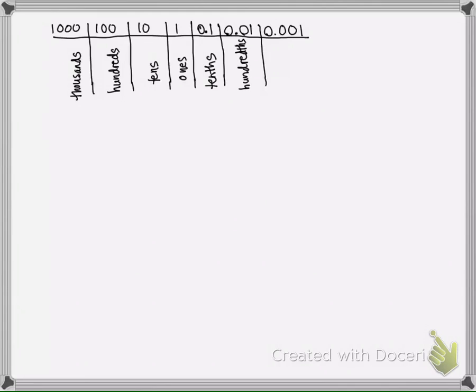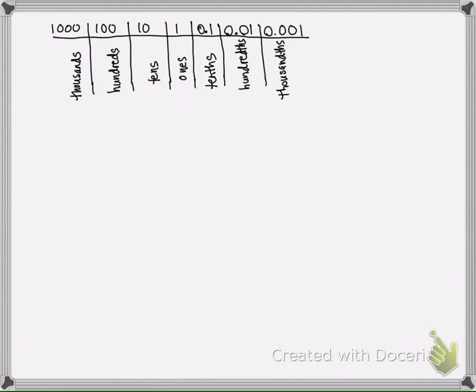Tens have 1 zero, and tenths have 1 digit after the decimal point. Hundreds have 2 zeros, and hundredths has 2 digits after the decimal point. Thousands has 3 zeros, and thousandths has 3 digits after the decimal point. Okay, so we can kind of use this as we're trying.